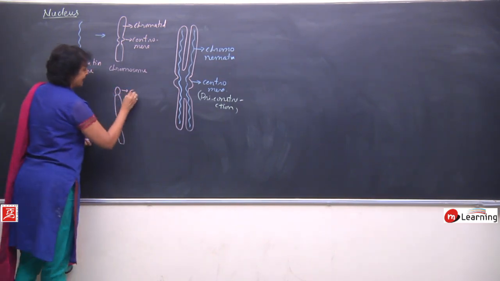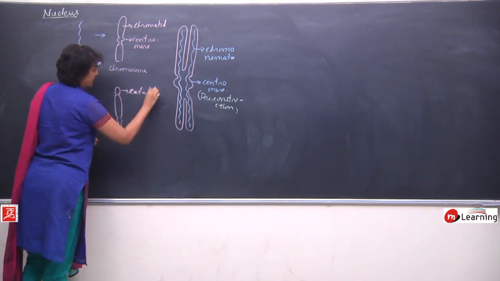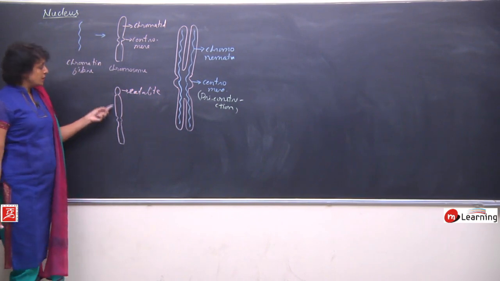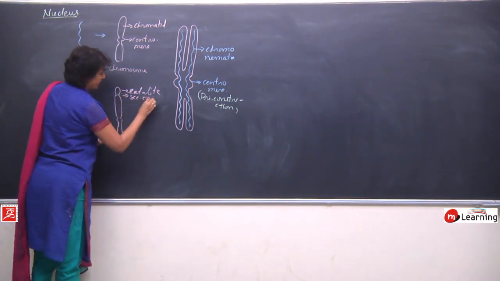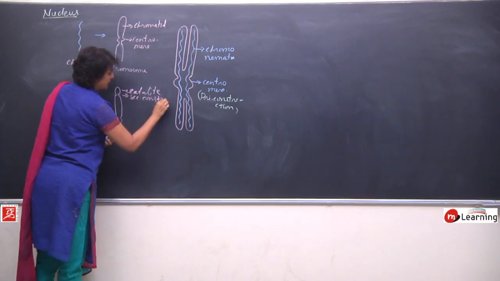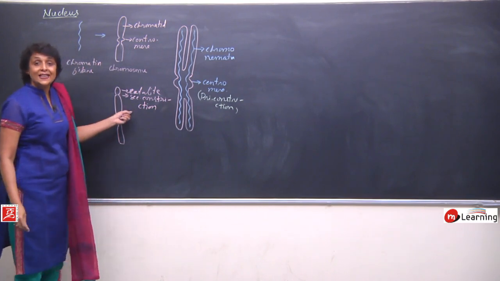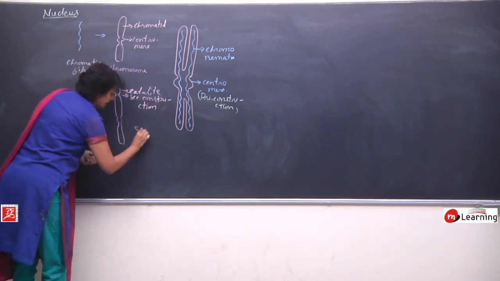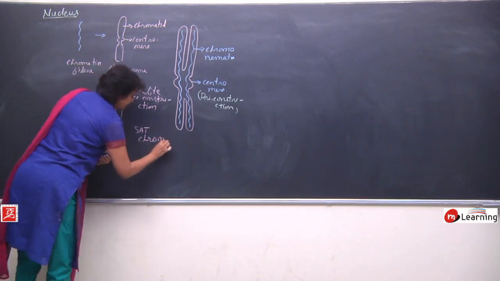This is known as a satellite. So these chromosomes with the secondary constriction are known as SAT chromosomes.